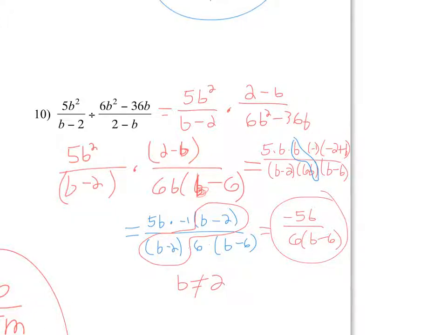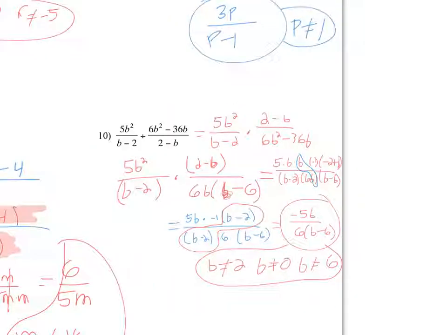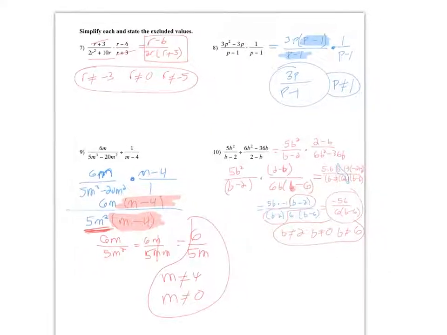B can't be 0 because of this, because when I kept it, changed it, flipped it, b can't be 0. And b can't be 6 for the same reason. So b can't be 6. I think that covers all of it. B can't be 2, b can't be 0, b can't be 6. Okay, those are my exclusions, and we've called it good.